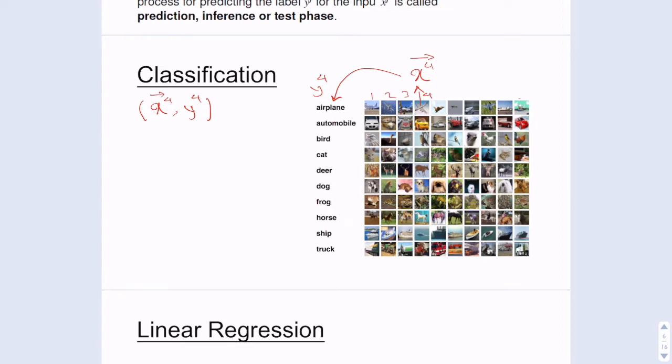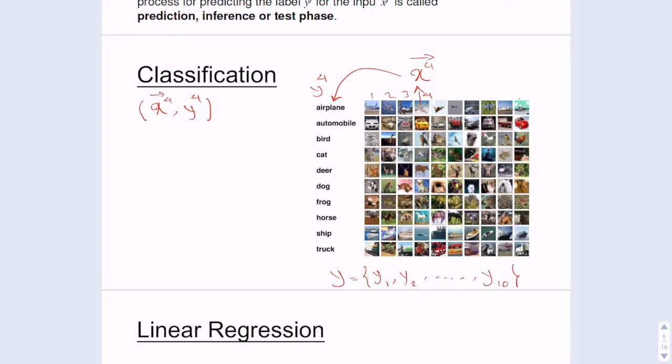For this example, if we count 1, 2, 3, 4, 5, 6, 7, 8, 9, 10, that means the label space has 10 different possible values. So I can write that Y belongs to one of these labels, Y1, Y2, all the way to Y10, because we have 10 labels.